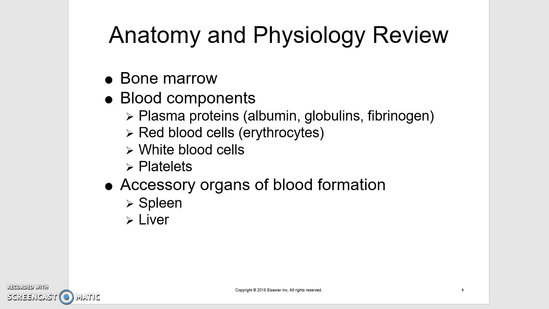Under accessory organs of blood formation, the spleen. The spleen has three different types of tissue: white pulp, red pulp, and marginal pulp, that help balance blood cell production with blood cell destruction and assist with immunity. White pulp is filled with white blood cells and is a major site of antibody production.